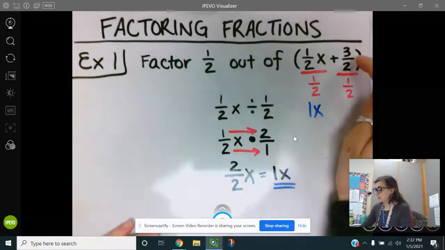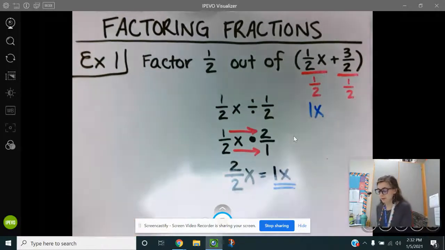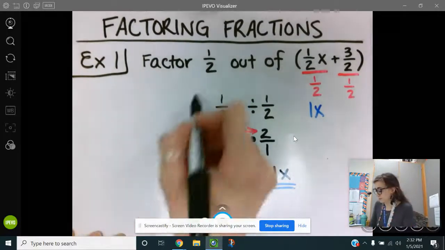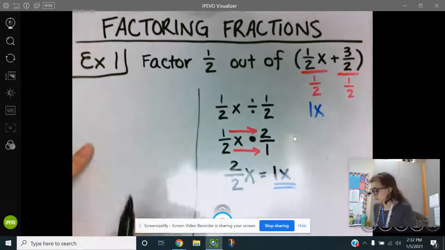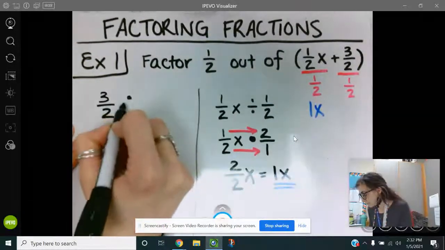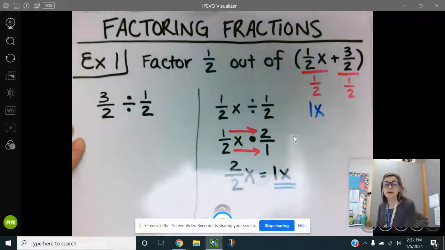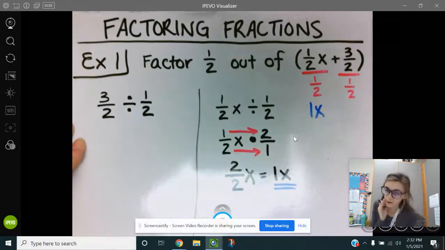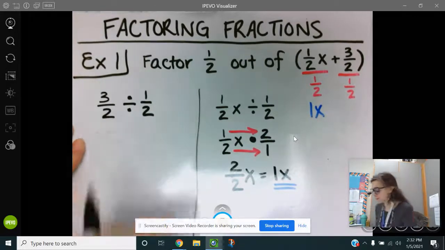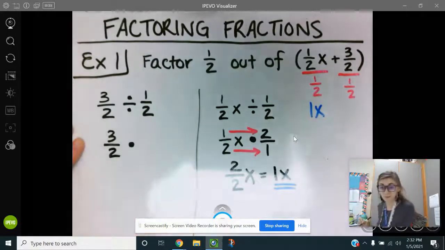And then we have positive 3/2 divided by 1/2. I'm going to put that over here. So we're going to have 3/2 divided by 1/2. When we divide fractions, we multiply by the reciprocal. Bingo! Bada bing, bada boom. 3/2, division becomes multiplication.